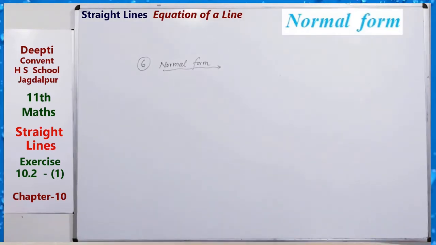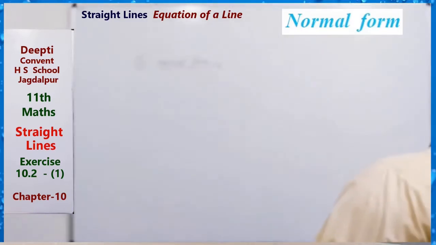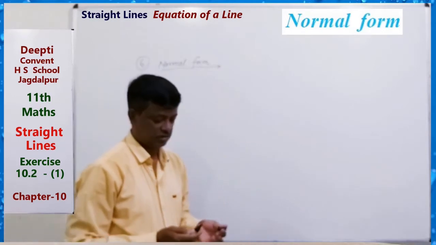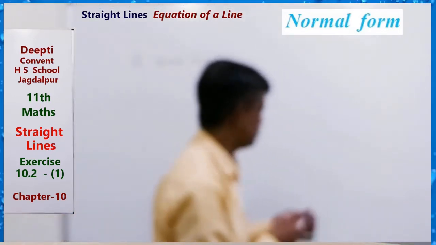So if we have a line and a perpendicular distance from origin, just like this.